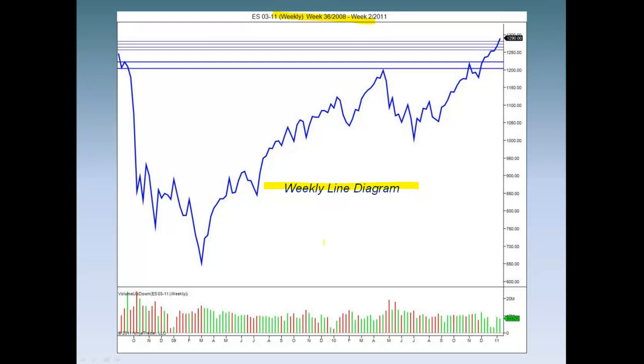So a key and important point to be aware of is the fact that as we move up with the higher time frame, the support and resistance lines that we draw become more meaningful and far more potent than the ones that we see on the shorter time frames. So this is why for the weekly support lines that I have drawn them a little bit thicker to emphasize their importance.